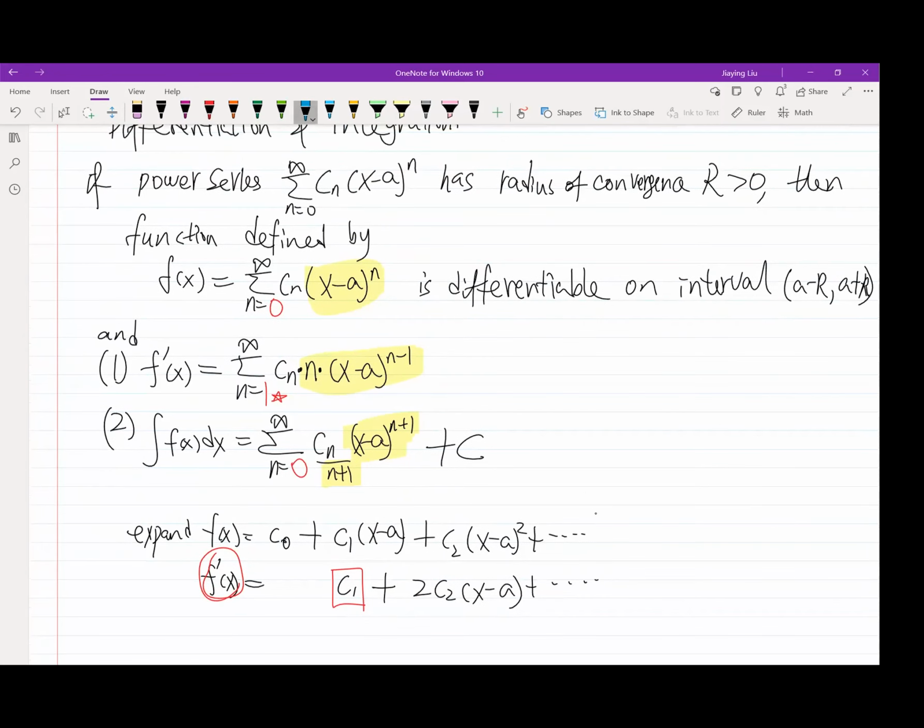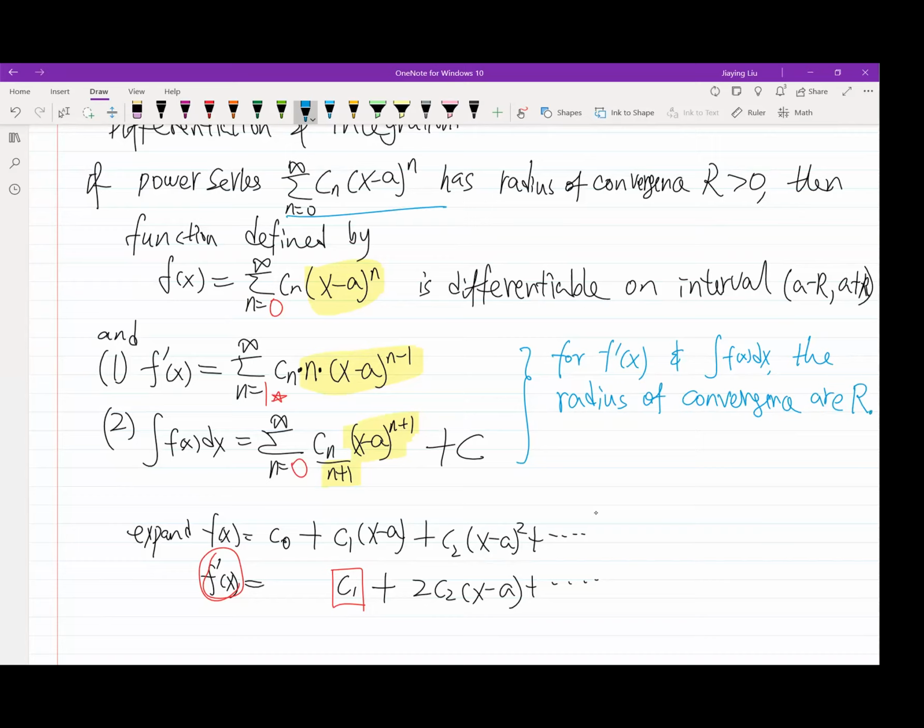And I want to note that for the derivative and the integral, so for f prime of x in power series and the integral of f of x dx, the radius of convergence is still the same, just the same R we had for the power series.